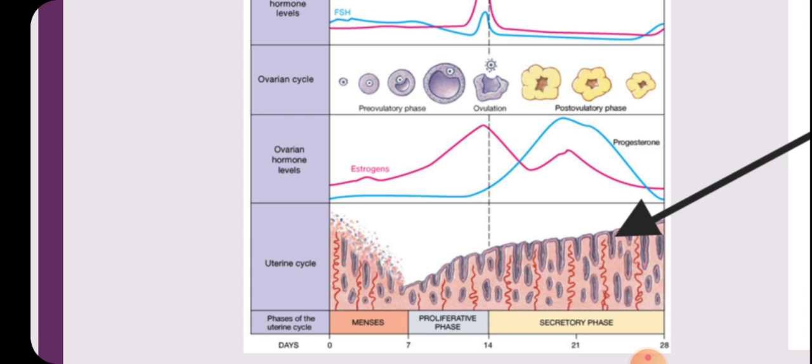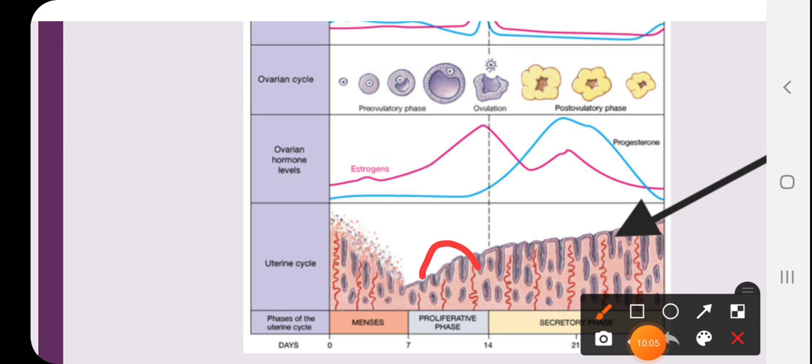Now the endometrium starts regenerating. You can see the endometrial wall gradually thickening, and that is why it is called a proliferative phase. This phase is under the influence of the hormone estrogen.